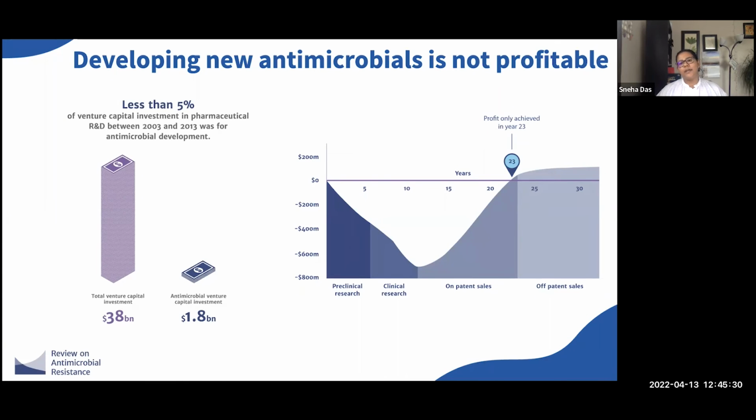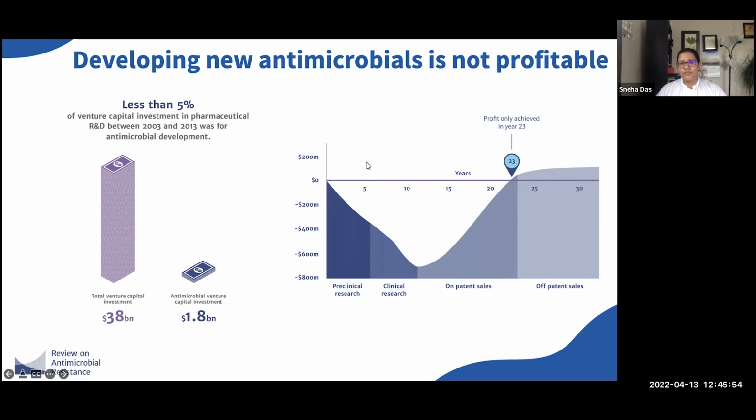However, if you were to develop a drug for an acute condition like an infectious disease, then the patient might only need it once in their lifetime. So that's a problem. And the second big issue is that even if you do find an antimicrobial, the bacteria will become resistant in times to come.